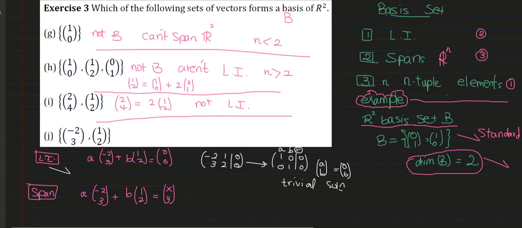Please notice what happened here. For the linear independency, we set the 0 here. For the span, we set the x and y. Okay, this is the only difference. It comes from the concept itself, of course. So if we have here A times the vector x plus B times the vector y, this is equal to 0.